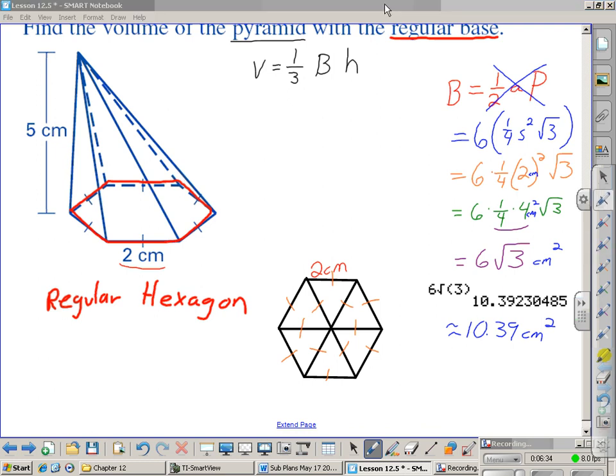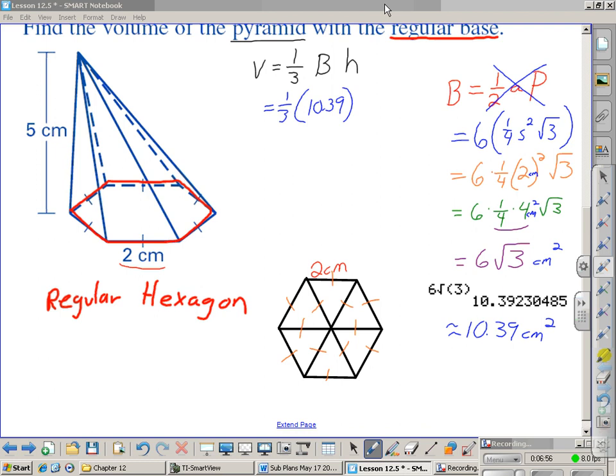So now we're going to go back and plug that in. So we have 1/3 the area of the base, which is 10.39, and then times the height. Now the picture on the height here is this is an oblique pyramid. And as I mentioned yesterday, using the Slinky, if it's oblique, it doesn't really matter.